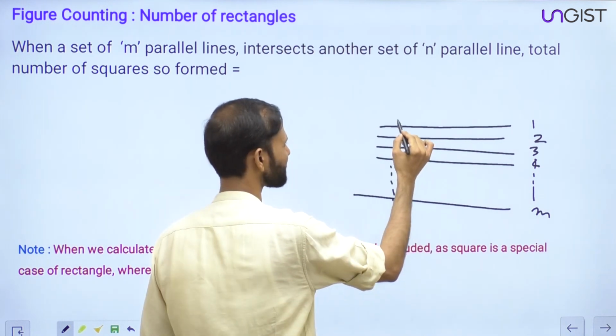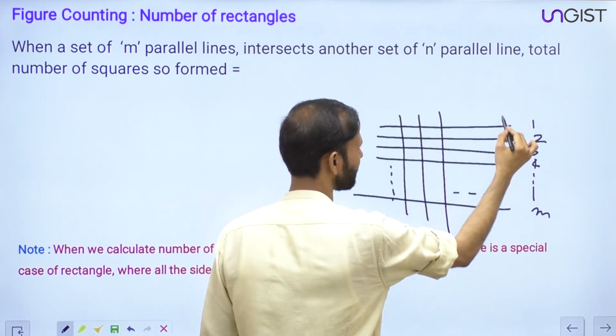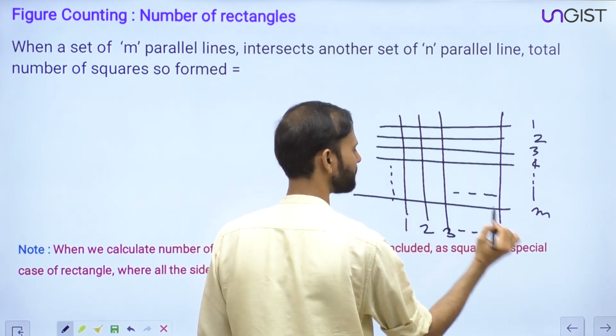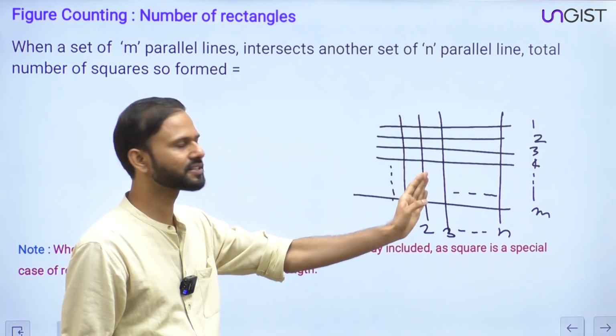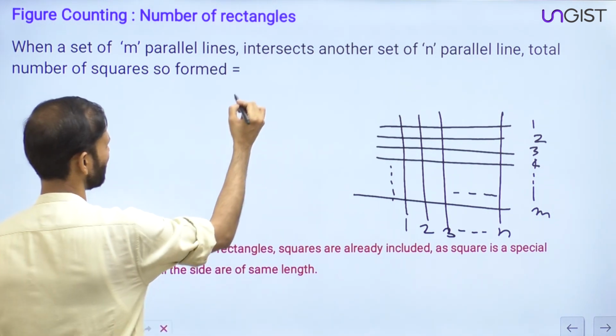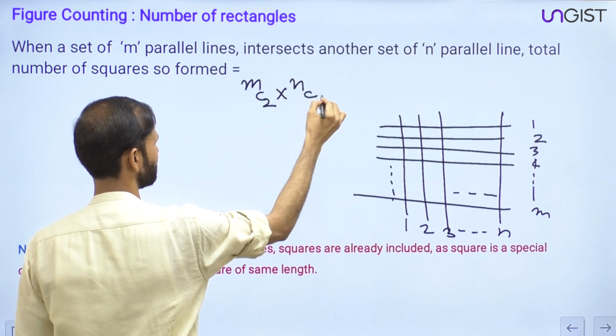And this is the set of n parallel lines, 1, 2, 3 up to n. So the formula is mC2 into nC2, right everyone?